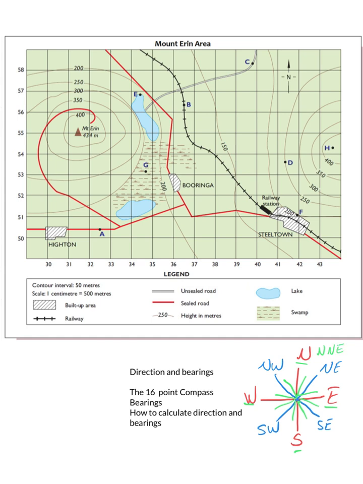East and northeast, it's in between, east is more important. East and southeast, east again is more important, so we mention it first. South and southeast, south is more important. South and southwest, west, southwest, west, northwest, and north, northwest. So that is your 16-point compass.